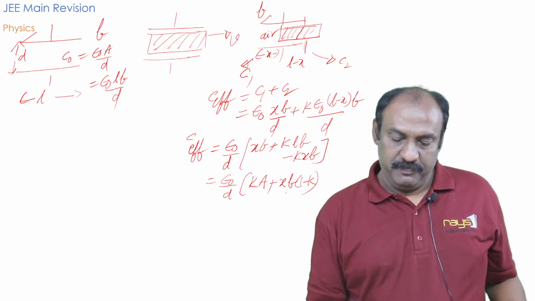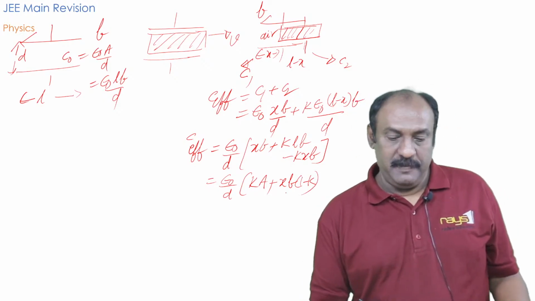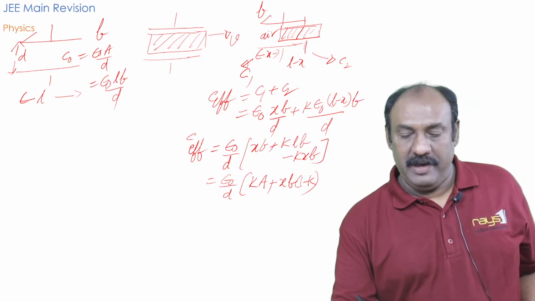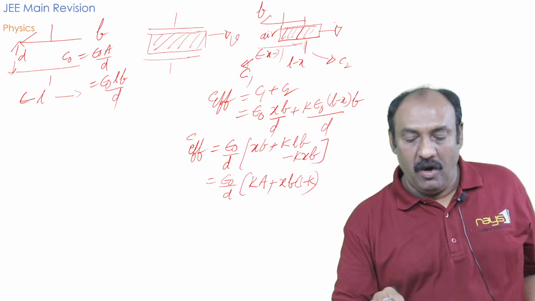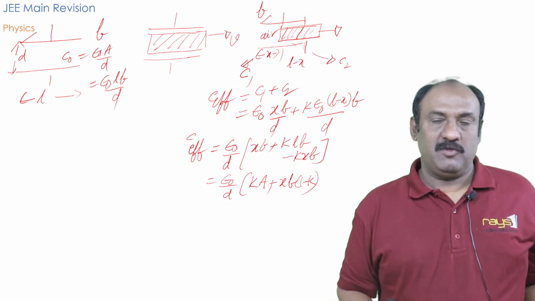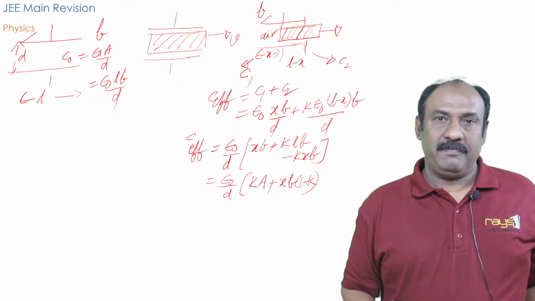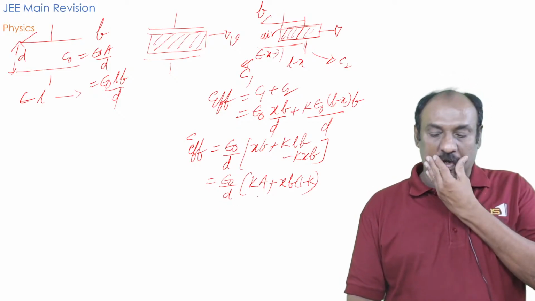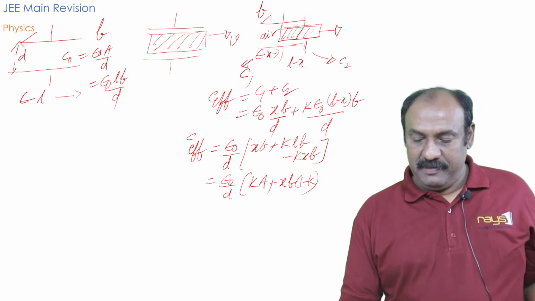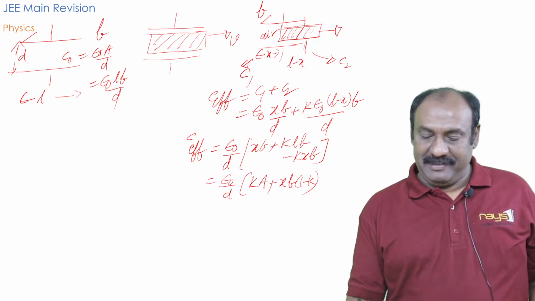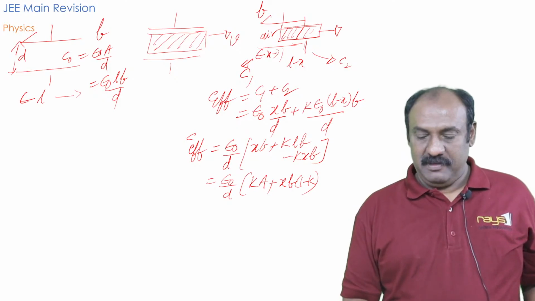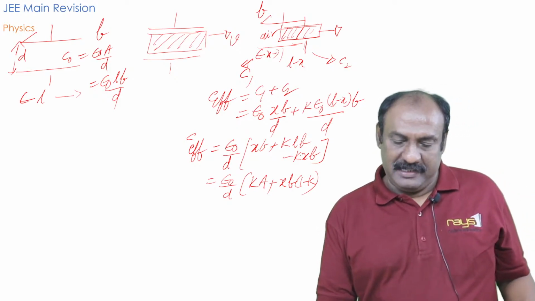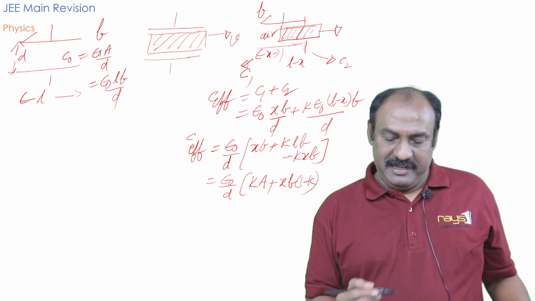So, this is the equation for capacitance of the arrangement when the slab is pulled through a small distance x. At that time the effective capacitance is epsilon naught by D into Ka plus XB into 1 minus K. See here once again, XB is taken as the common factor, and 1 minus K is the equation.